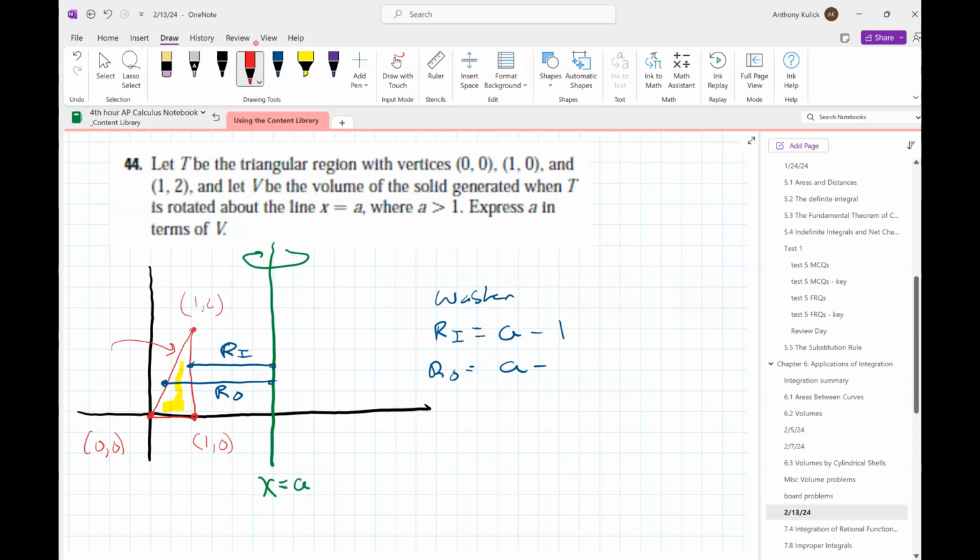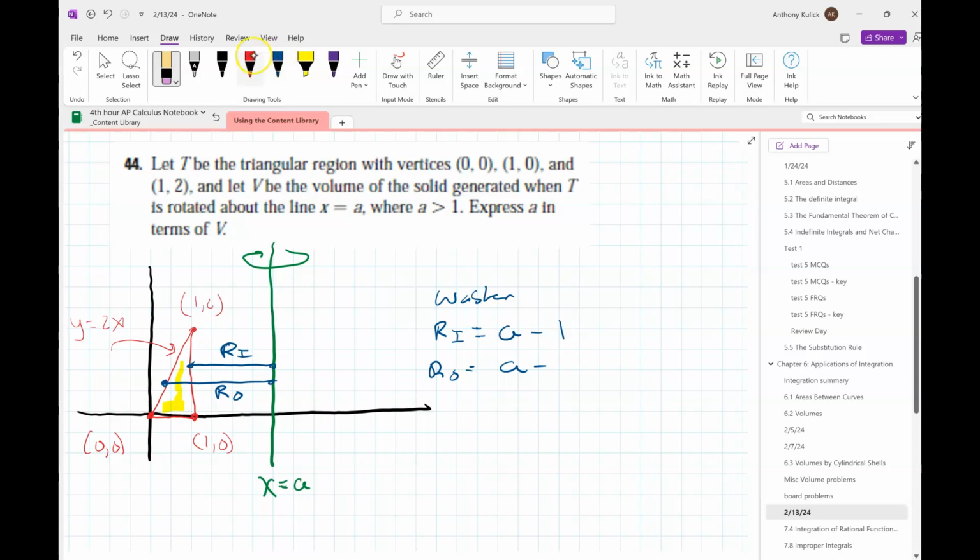R outer is not going to be constant. It's going to change. Okay, what is the slope of it? Just y equals 2x. It goes through (0, 0). What's the y-intercept got to be? 0. Then it goes to the point (1, 2). What's the slope got to be? 2. I'm done, right?